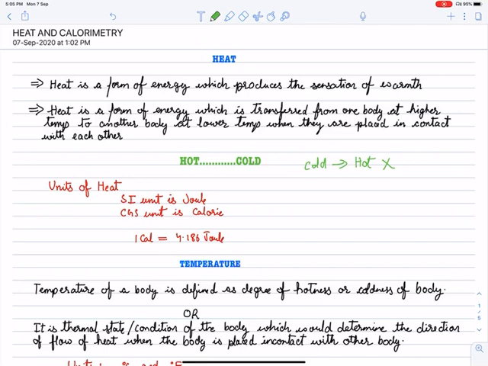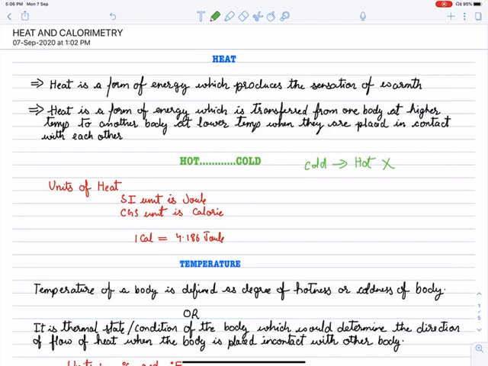In exams, if it is asked, you have to change the unit, like if it is given in calorie, then you have to change it into joule. It matters a lot that all the units should be the same. It can't be that you have measured heat in joule and you are measuring temperature in Fahrenheit. You have to measure temperature in Kelvin or degree Celsius, or convert it as asked in the question.